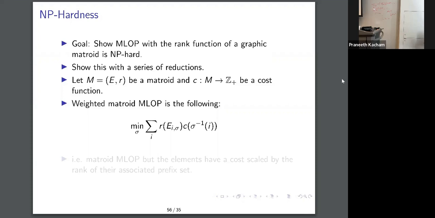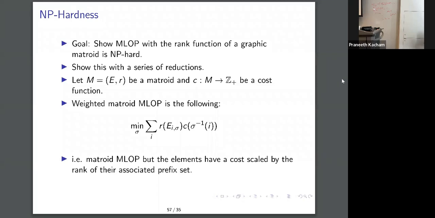So what is going to happen for the graphic matroid is when we pick an edge at index 1, and we pick another edge at index 2, it is reasonable to immediately pick the next edge that is connected to the farthest picked so far.